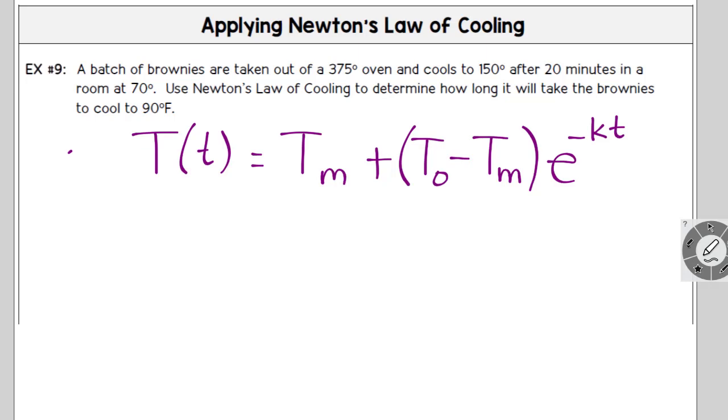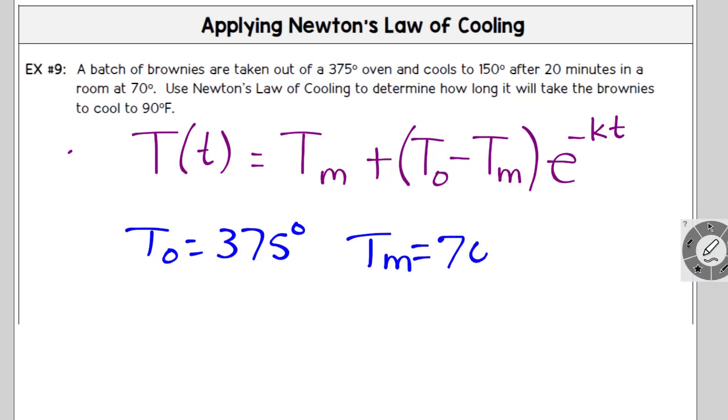All right, so let's identify some of these things in our scenario here. The 375 degrees, that's our initial temperature. Okay, and the 70 degrees, that's the temperature of the surrounding area or surrounding medium.